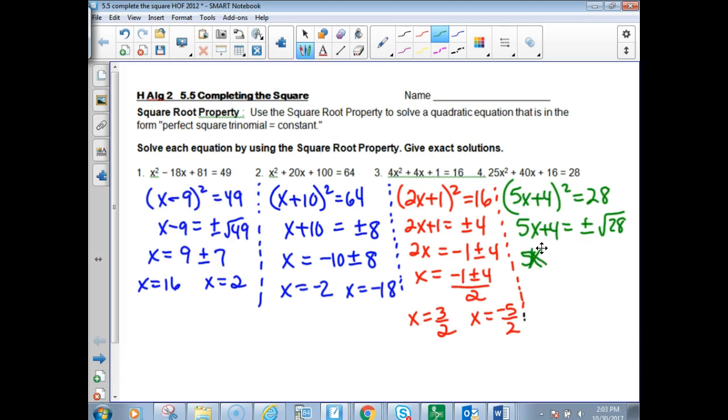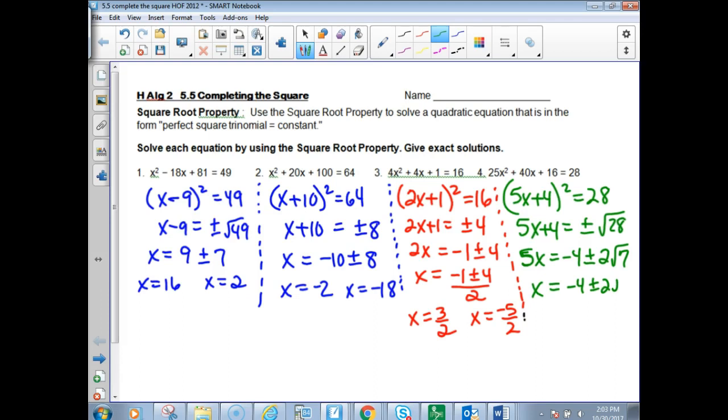I'm going to subtract 4 and simplify the radical. So that's 7 times 4, so 2 root 7. That looks terrible, so let me fix that. Alrighty, then you divide everything by 5.